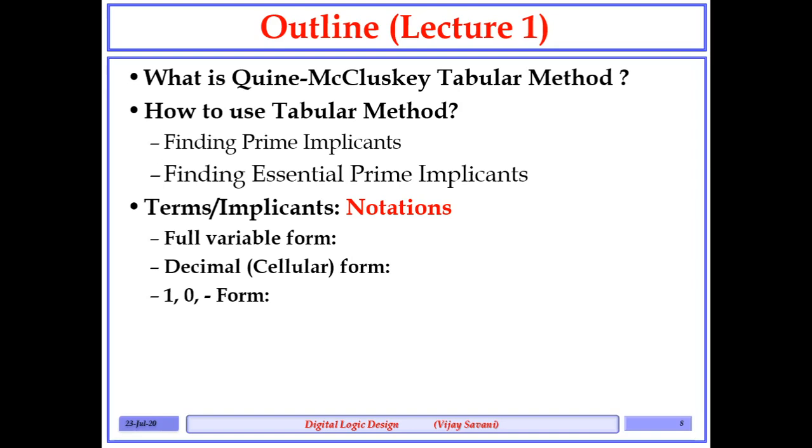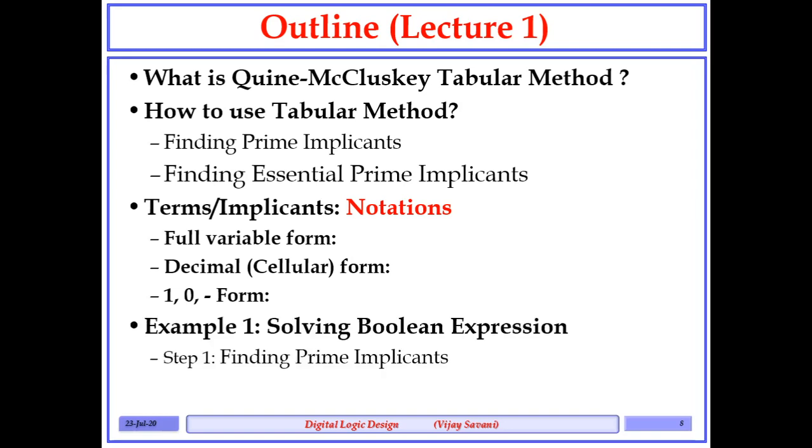So using any of the 3 methods, you can represent the implicant in the tabular method. But out of these 3, the decimal form of notation is very tricky and handy to use in the tabular method. We will explore all these 3, and I will let you know in the session about all of them, and you will also agree that the decimal form of notation is very useful and handy in the tabular method.